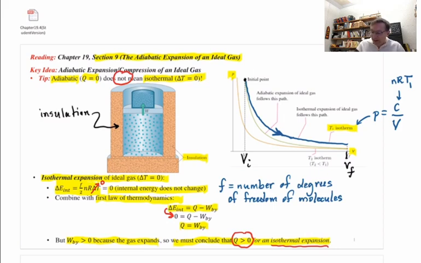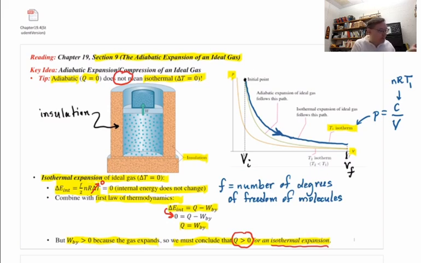If you want to go from the initial point at V initial to the final volume, V final, along that isotherm that I've sketched in blue, but you don't want the temperature to change, that's what it means to be on an isotherm, you are going to have to add heat as the gas expands. You have to do that. It's not adiabatic. Okay? Now that's an isothermal process.